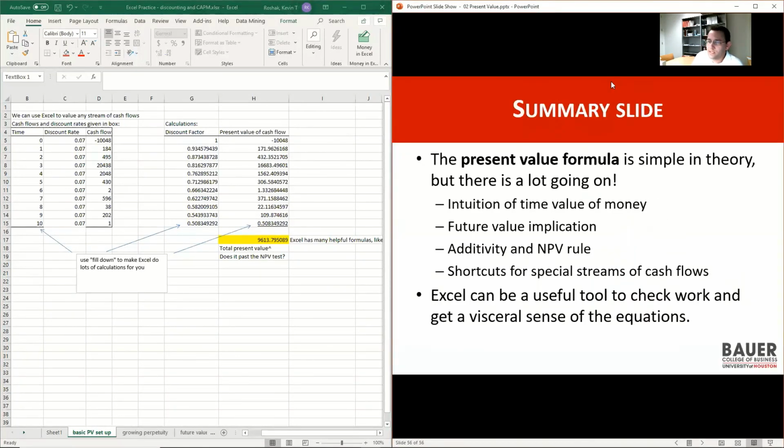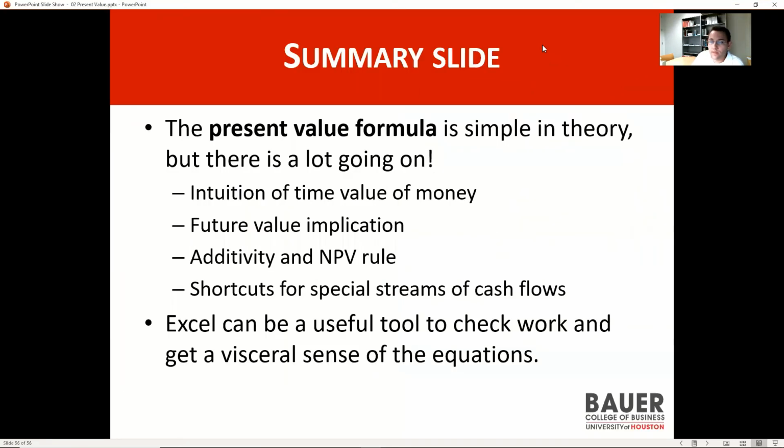Okay, so that brings us to the end of this lecture. Just to recap very briefly, we know that the present value formula is very simple, but there's an awful lot going on with it. So we talked about some of the intuition behind it. What do we mean by a discount rate? What's the economics behind that cost of capital? That's the pain that you feel when you're not able to spend your money, basically. If you're forced to keep it in your pocket, that's a cost that you should be paid for.